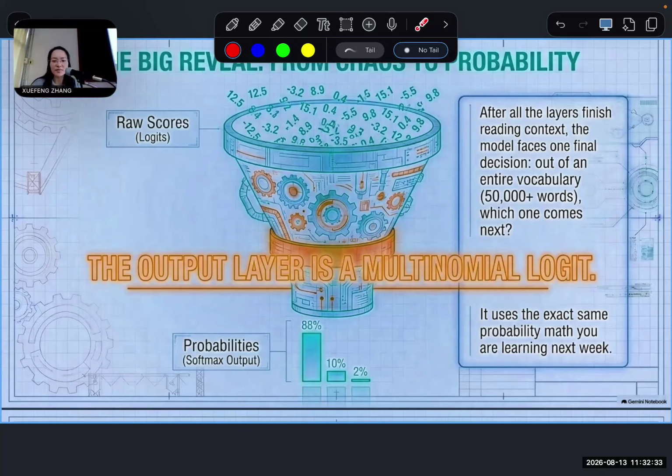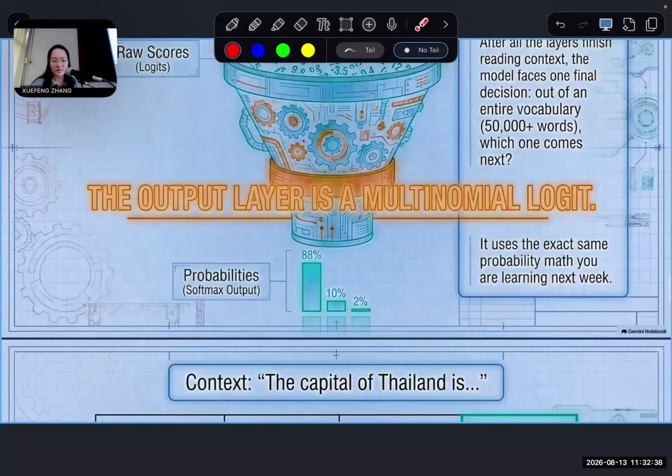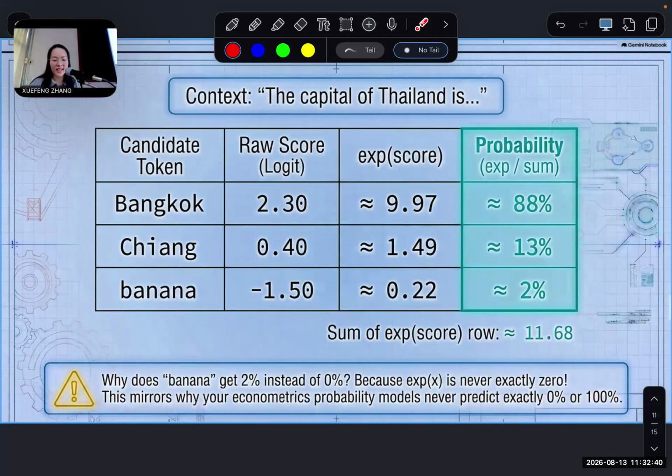Okay, so next one, the example that we just used. If you ask the capital of Thailand is, of course, Bangkok will get the highest probability. But what about banana? Think about banana. Banana's probability is not zero.